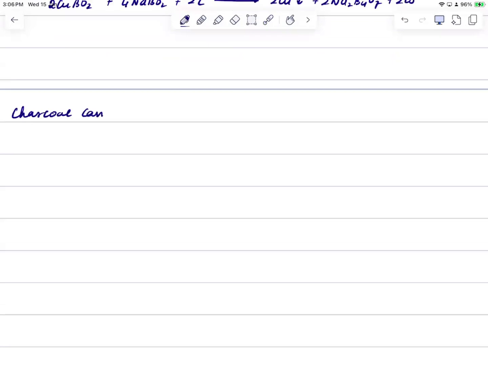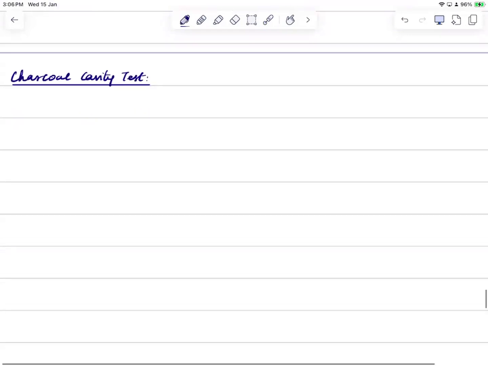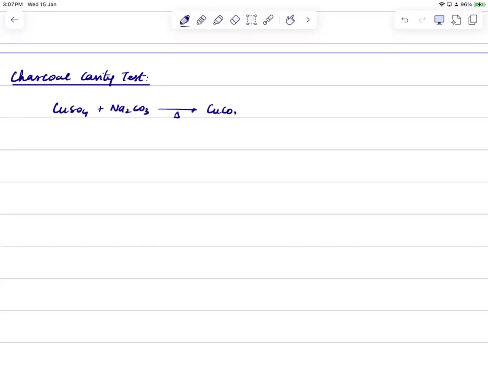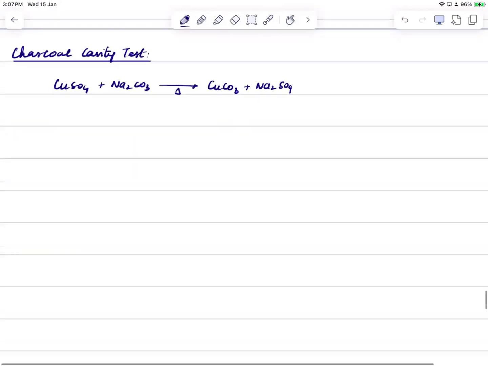Charcoal cavity test. In the case of the charcoal cavity test, basically the compounds which were not able to give that color, we usually do this for. First, we can do this for copper sulfate also. If you react copper sulfate with Na2CO3, basically you are adding Na2CO3 in that cavity and heating it strongly, so that it will become CuCO3 and Na2SO4.